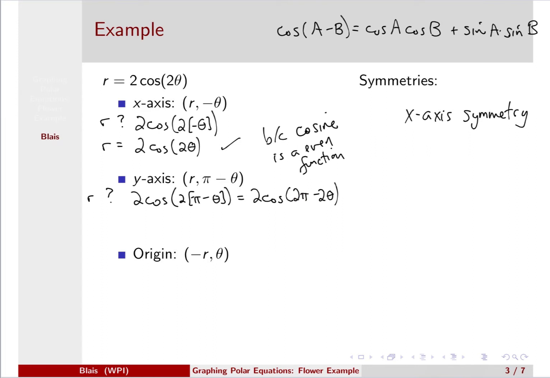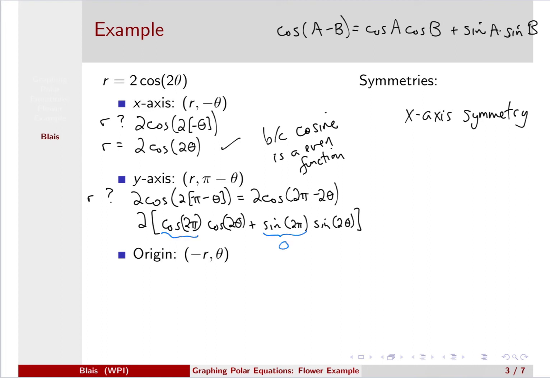So this becomes 2 times the quantity cosine of 2 pi times cosine of 2 theta plus sine of 2 pi times sine of 2 theta. Sine of 2 pi we know is 0.